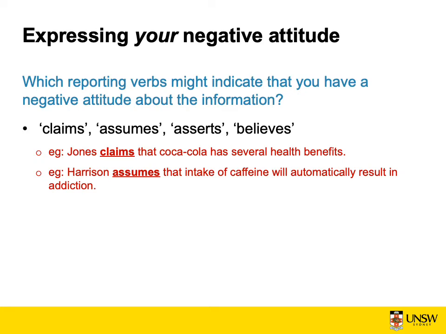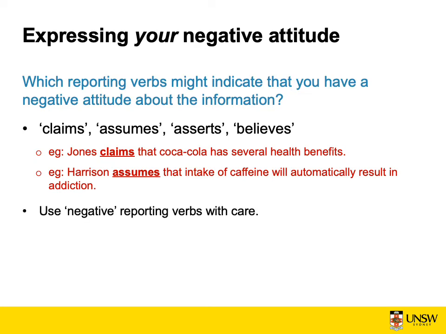And Harrison assumes that intake of caffeine will automatically result in addiction. You're suggesting that Harrison is making an assumption about this. So even though it's in the same position, you can see in the sentence structure that you've got this reporting verb after the author's surname, it's actually more indicating your attitude towards their point rather than the author's.